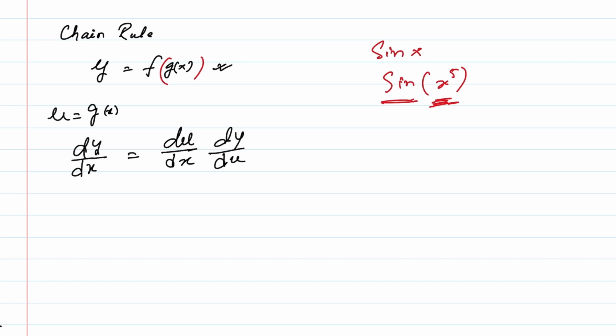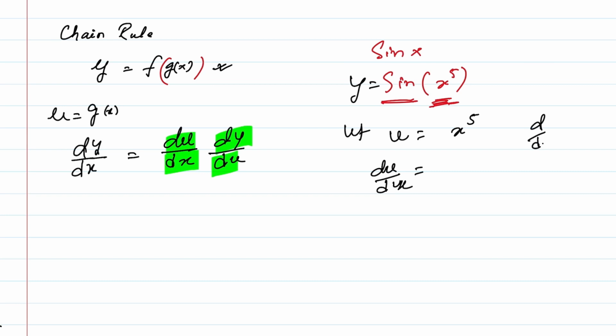The derivative of u with respect to x, and the derivative of y with respect to u. Let me show you an example here. Suppose we take this as the given function, y is equal to sine of x to the power 5, then let u is equal to x to the power 5. Then let us differentiate with respect to x. du/dx will be equal to, according to this formula, d/dx of x to the power n gives n times x to the power n minus 1, isn't it?